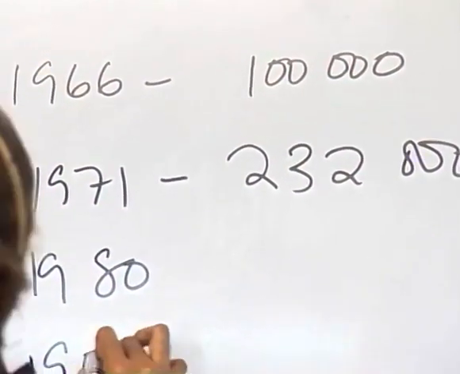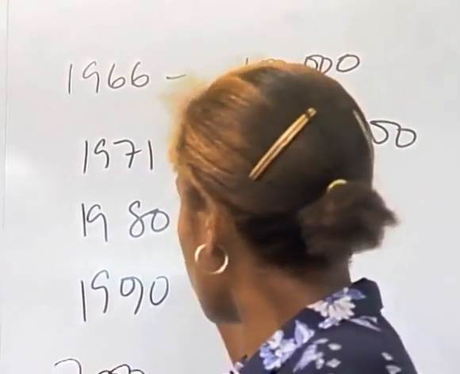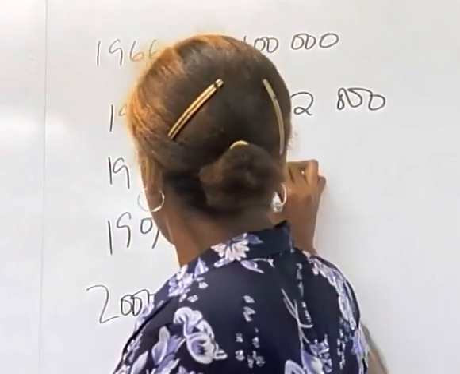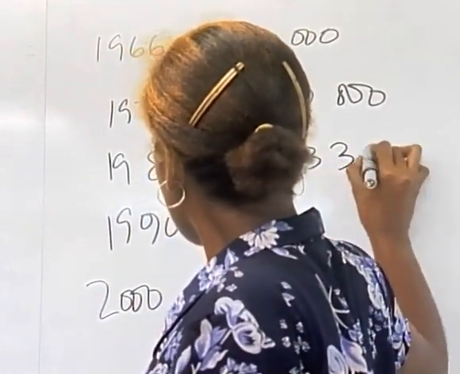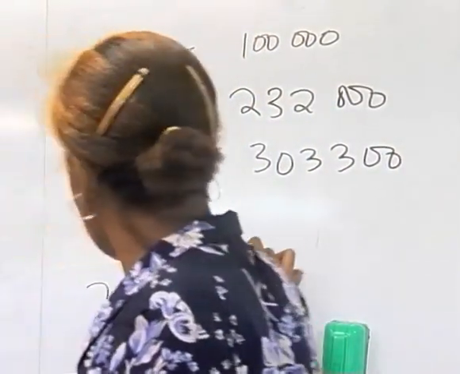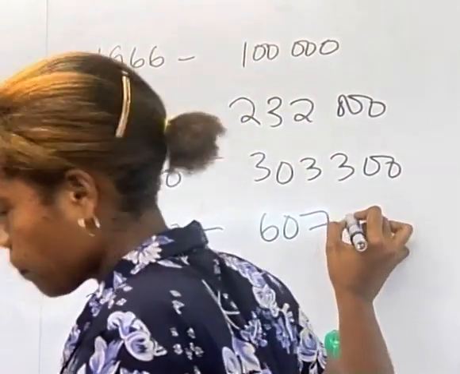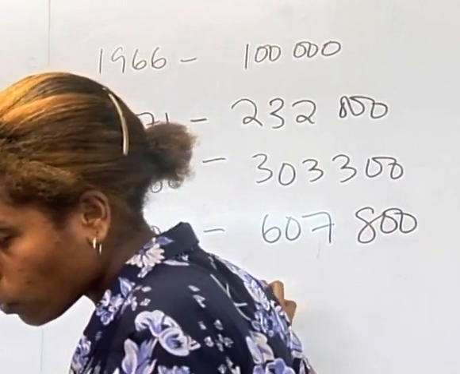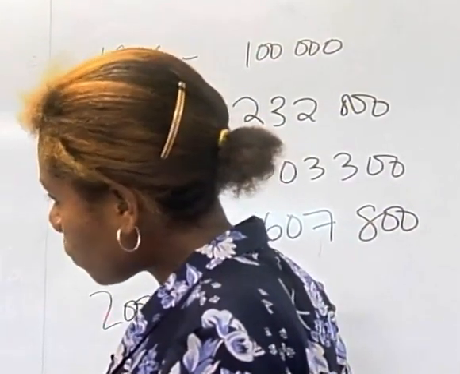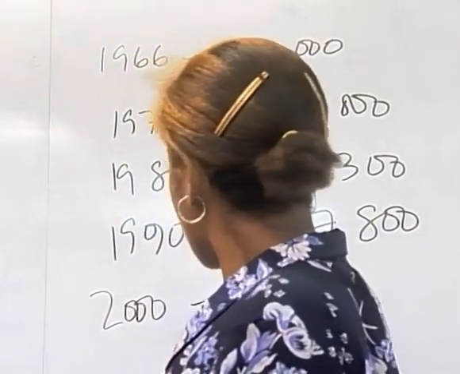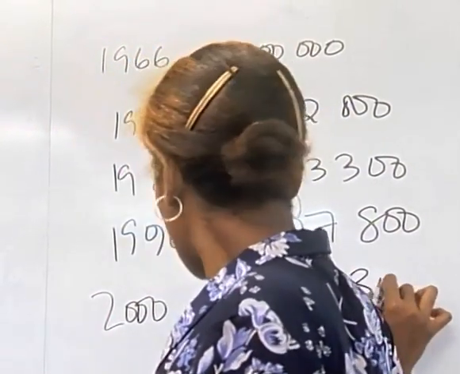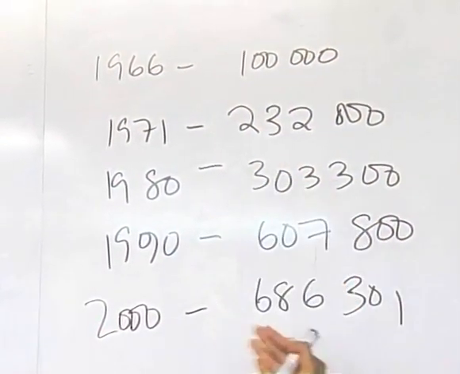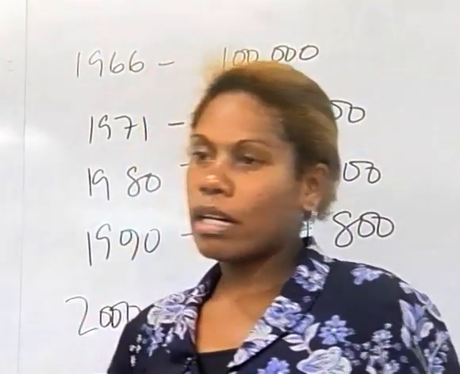Then 1980, 1990, and 2000. Each of those years had a total population: 303,300, 1990, 607,800, and in 2000 the population of urbanization was 686,301. So from these figures, you are to construct your line graph.